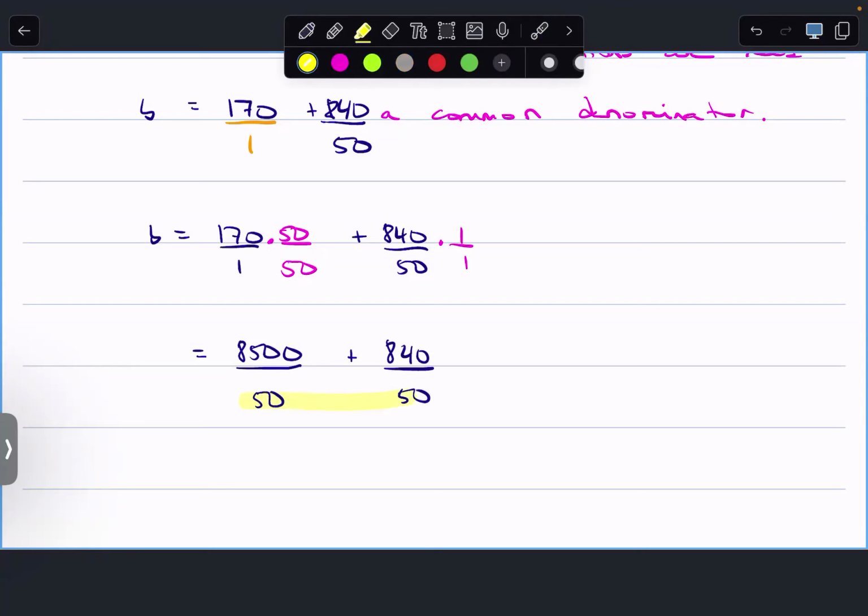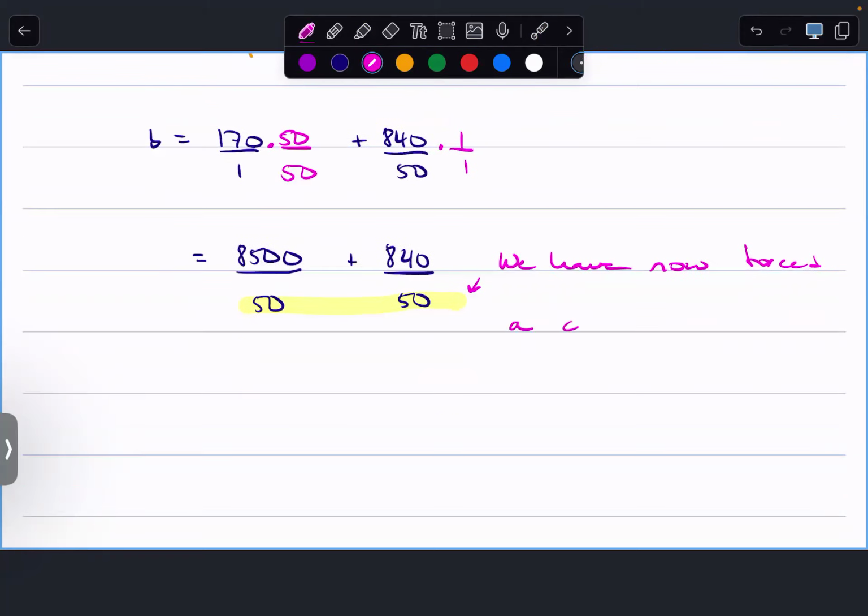So now I've forced this common denominator of technically 1 times 50. Right? We have now forced a common denominator of 1 times 50, technically. But I didn't even write the 1.